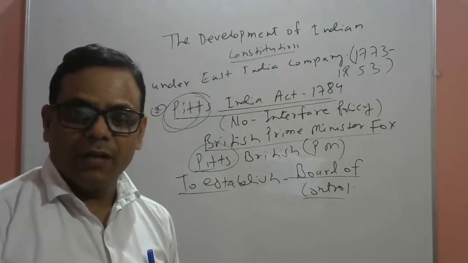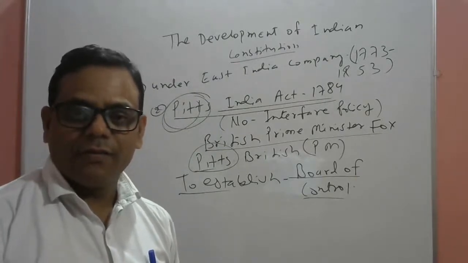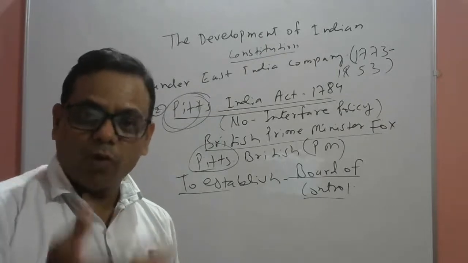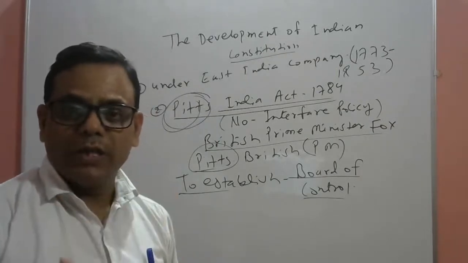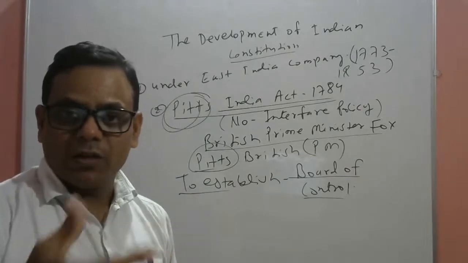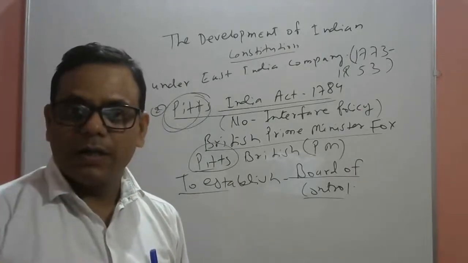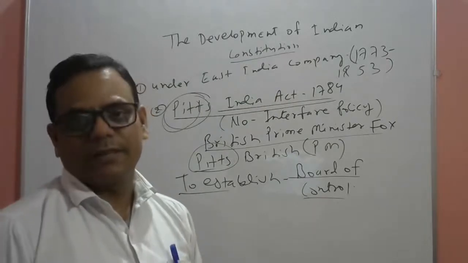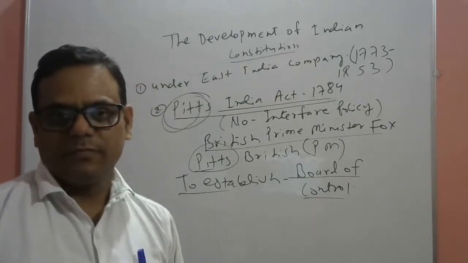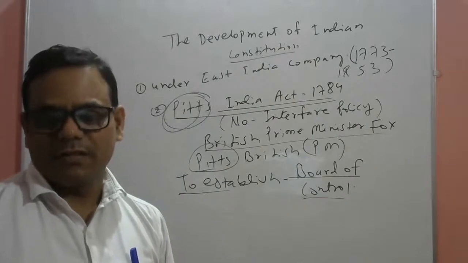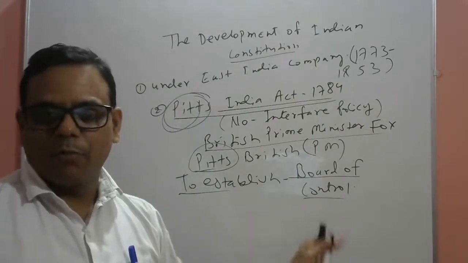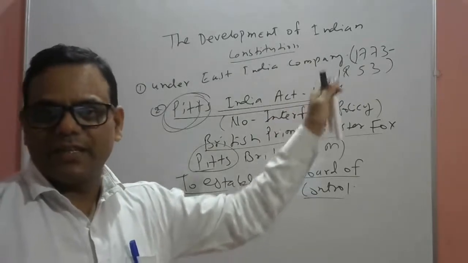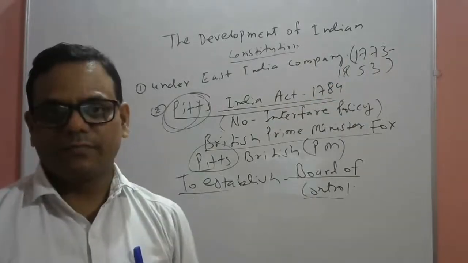The main function of Board of Control was to investigate and control all trade activities of East India Company in India. This was the main reason to establish a Board of Control under Pitt's India Act of 1784.